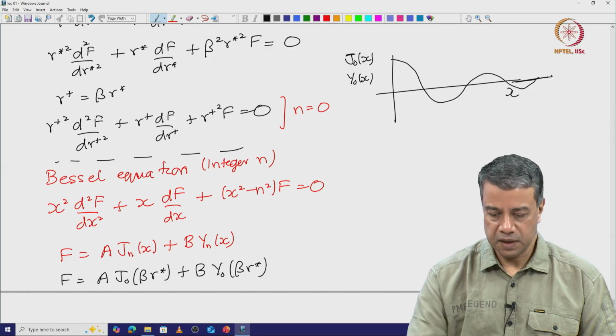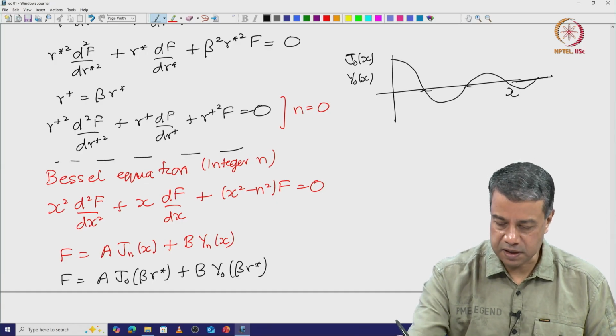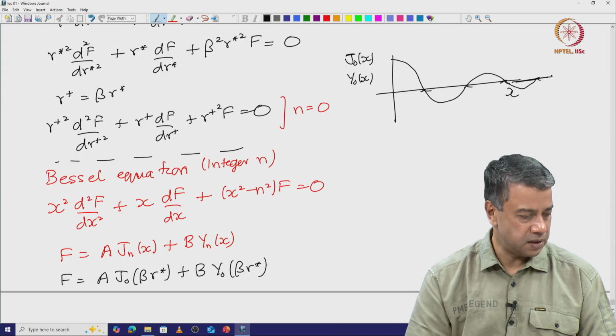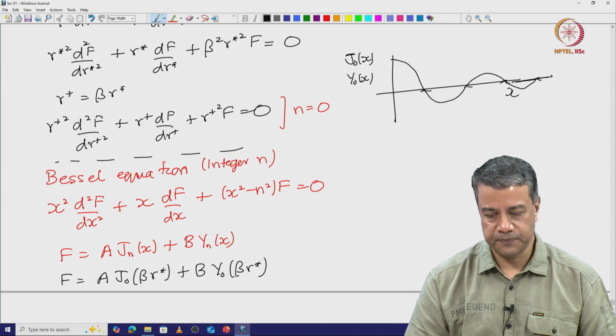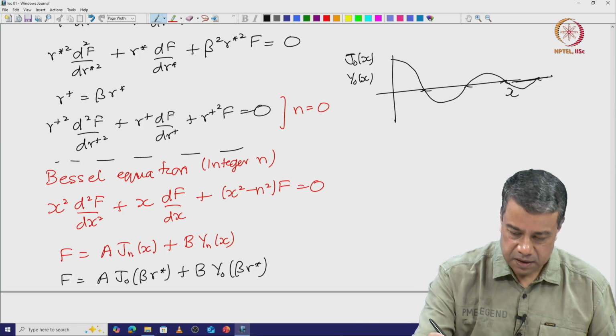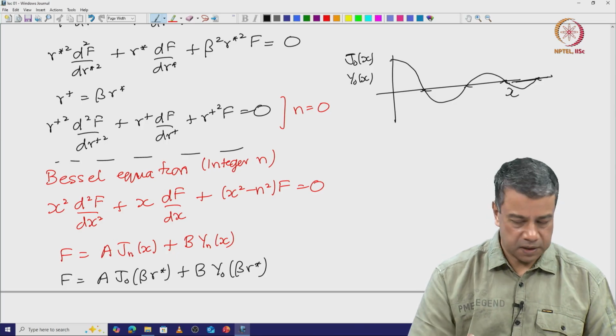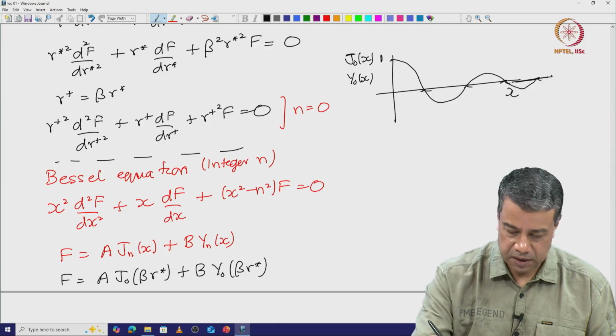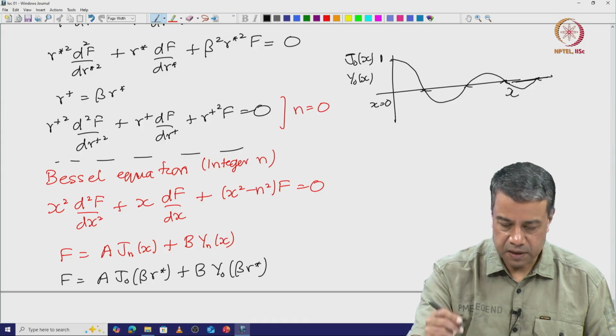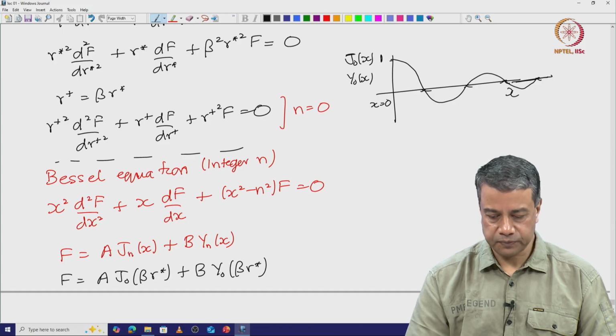It crosses the x axis at multiple different locations, and it has 0 slope. It has a value 1 at x equal to 0.